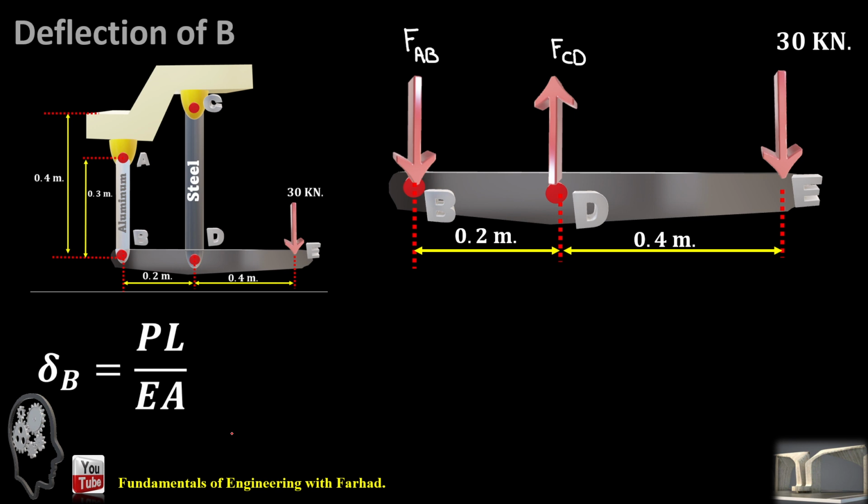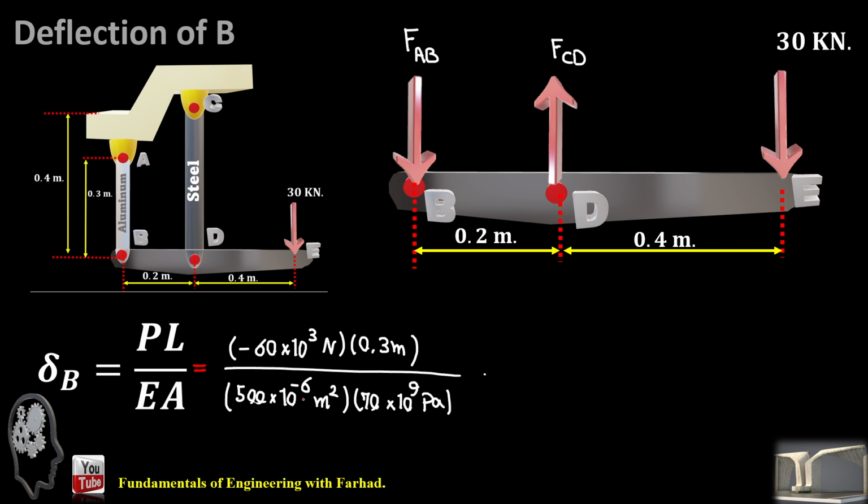So if we jot down the equation for B, delta B is equal to PL over EA. And if we just replace our numeric values, negative 60 kilonewton times the length of that member over modulus of elasticity and cross-sectional area. This is the cross-sectional area in meter squared, and this is 70 gigapascal, which is provided.